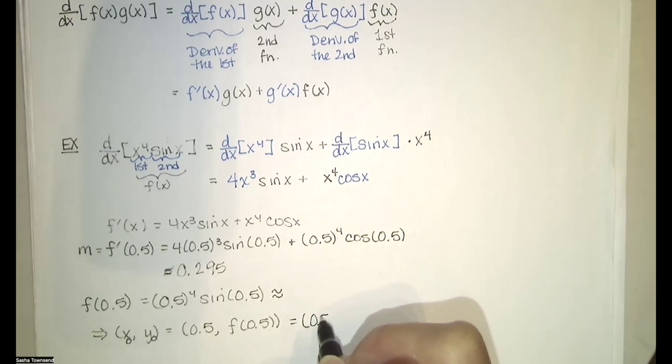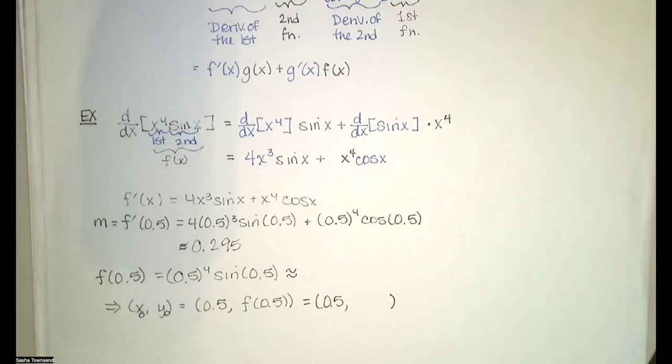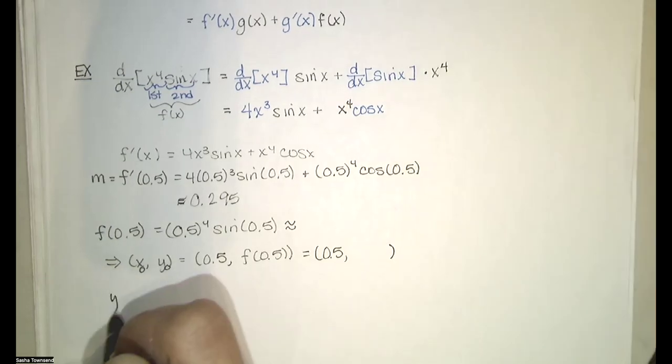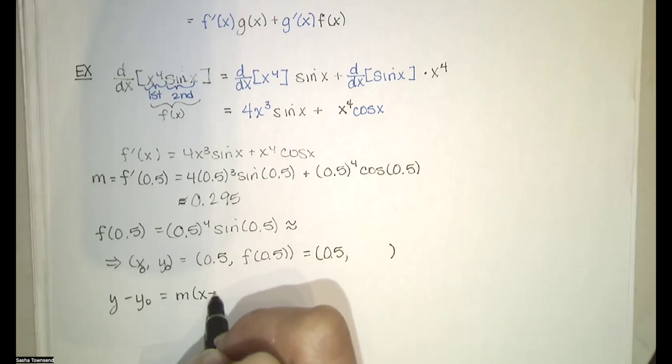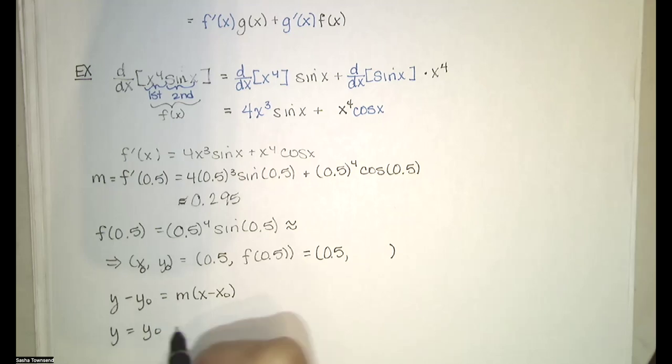So we're going to have 0.5 and whatever that value is. And then if we want to find the equation of the tangent line, we just use point slope form. You have y minus y naught equals the slope times x minus x naught. And if you solve for y, you get that formula that I've been using on Desmos.